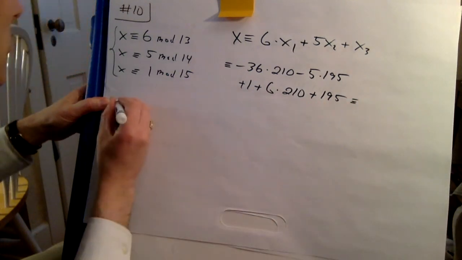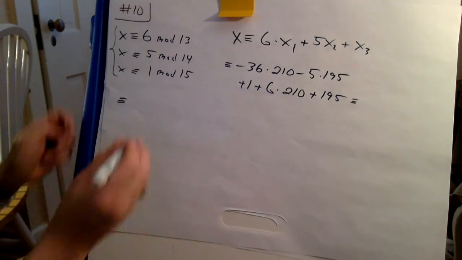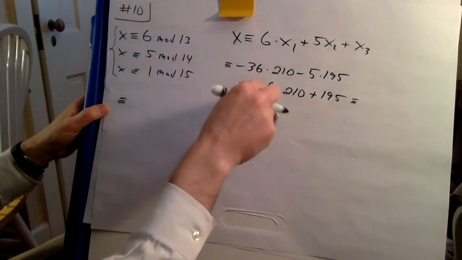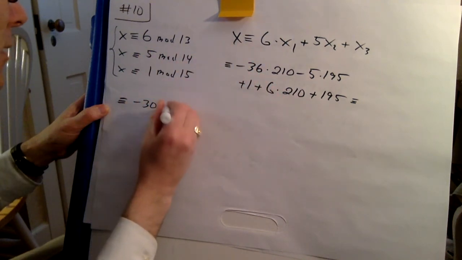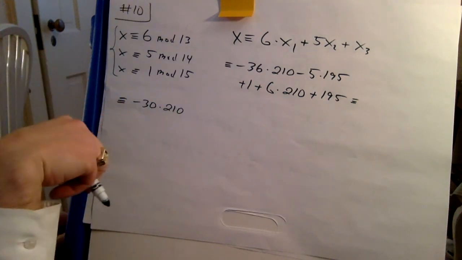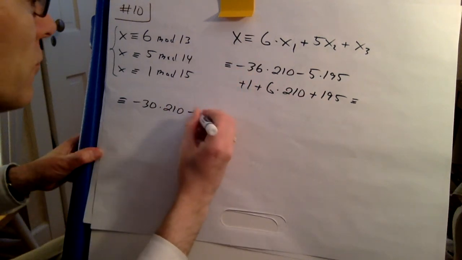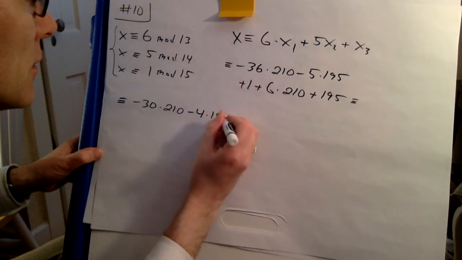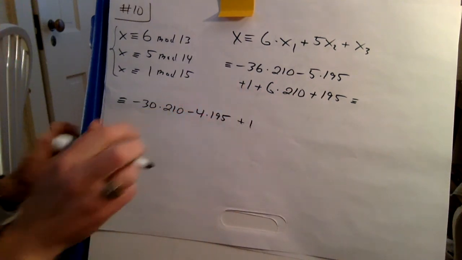This is equal to, here we continue. How many 210s do we have? We have minus 36 and then 6 here, so this is minus 30 times 210. How many 195s do we have? Well, the minus 5 plus 1, so that's minus 4 times 195, and finally plus that 1.